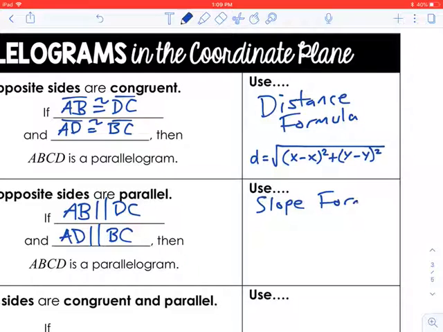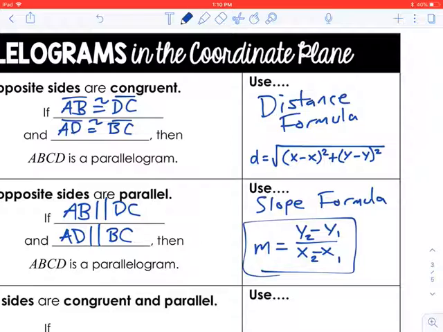A reminder of that: m equals y minus y over x minus x, so y2 minus y1 over x2 minus x1, or vice versa. Those are the two formulas we're going to be using.